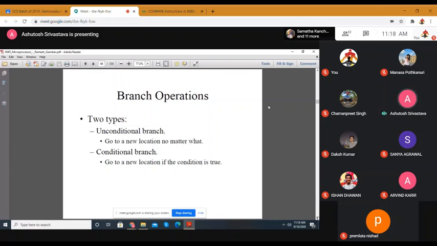In the unconditional branch, it goes to a particular defined location without any condition, no matter what. While in the conditional branch, it goes to a particular location if the given condition is satisfied.